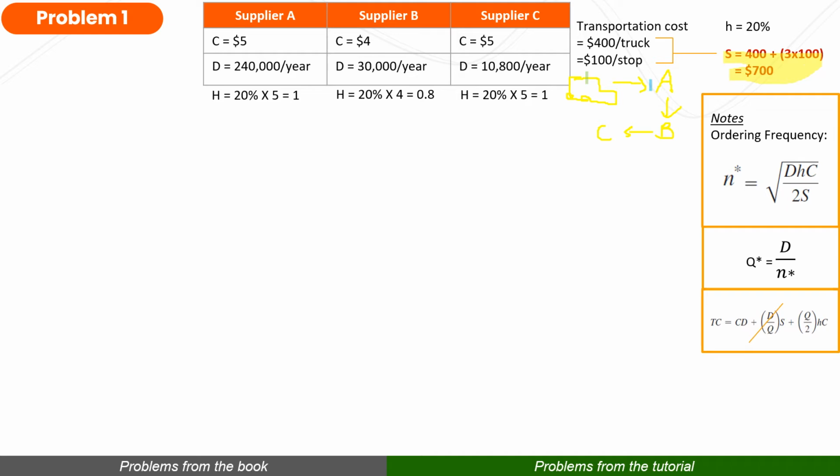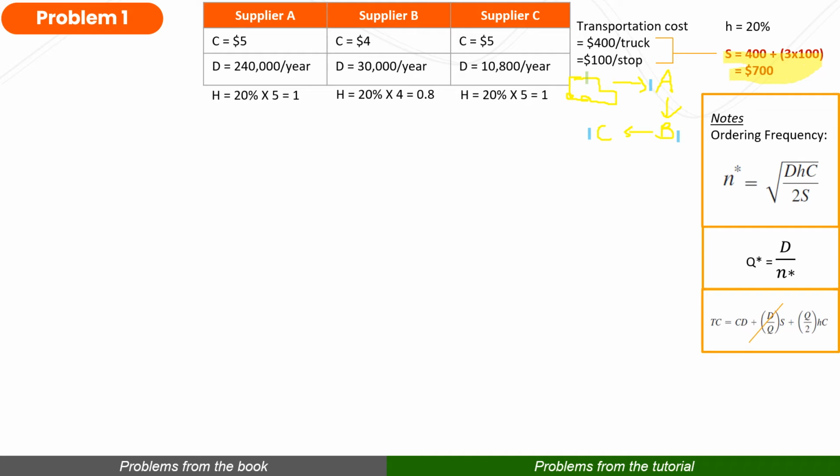So there are 3 stops to get all the parts. So the ordering cost is 400 plus 3 times 100, and we get the ordering cost is $700.